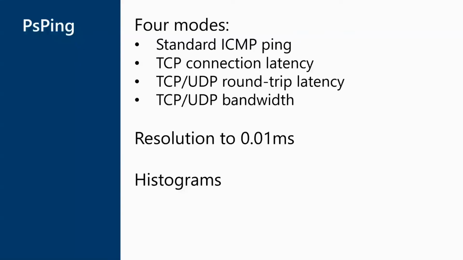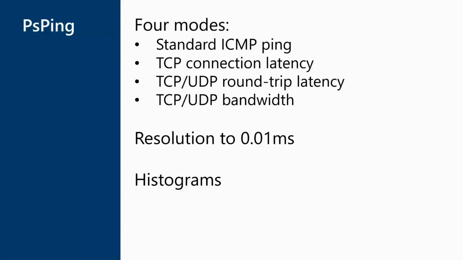Let's have a look at the newest PsPing. PsPing is a network diagnostic utility that offers standard ping capability using ICMP, the Internet Control Message Protocol, as well as doing other probably more useful network diagnostics. One of the advantages of PsPing over the regular ping is the higher resolution.